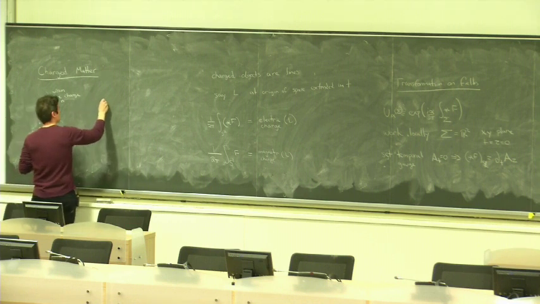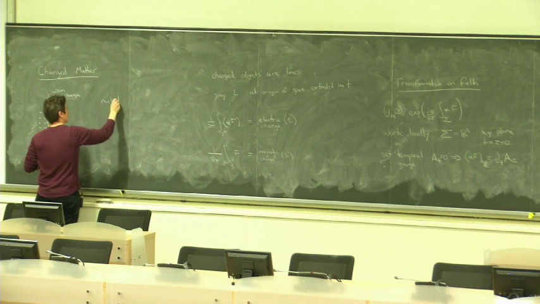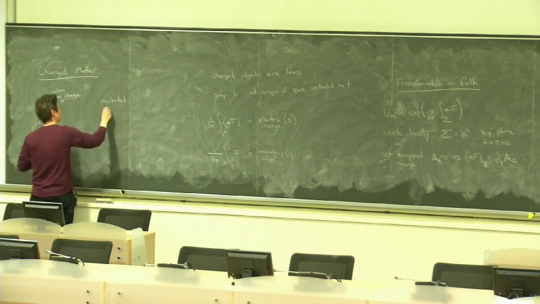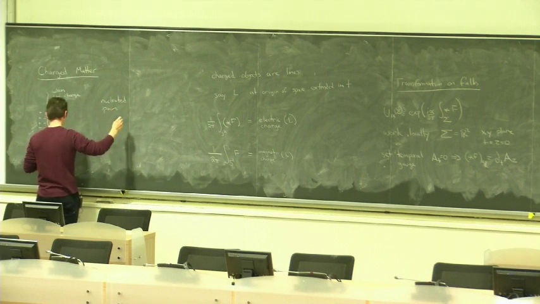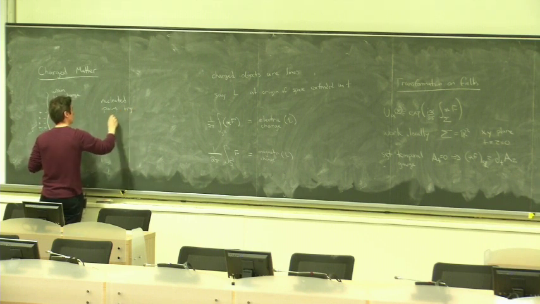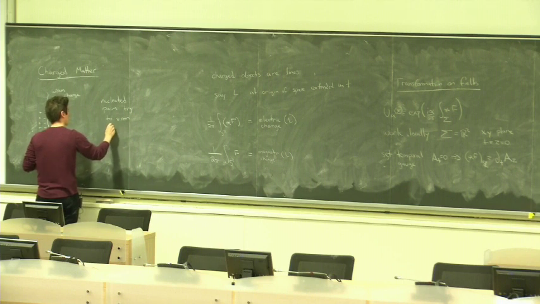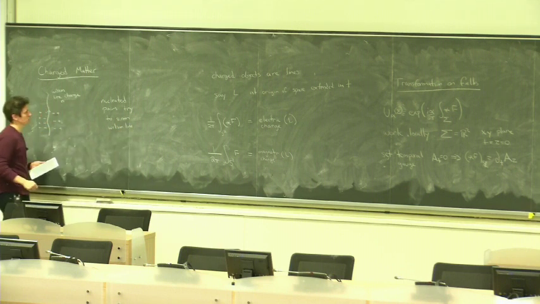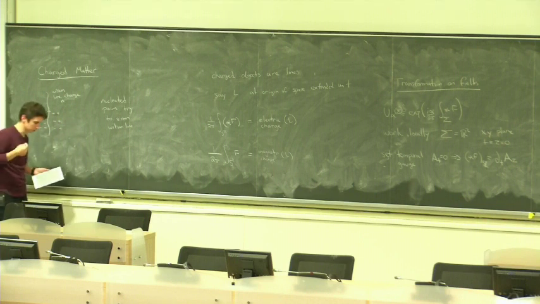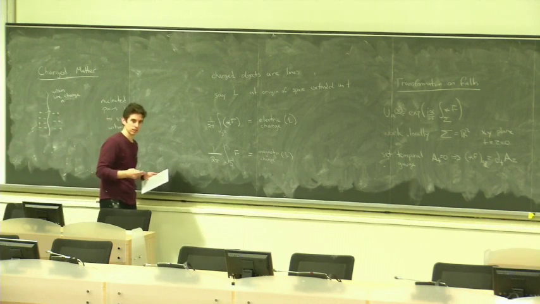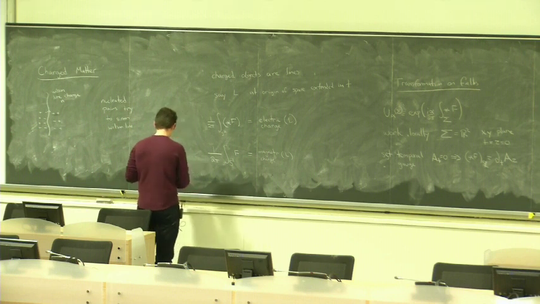So nucleated pairs try to screen the Wilson line charge. That's what's responsible, for instance, for the running of the gauge coupling in electromagnetism.